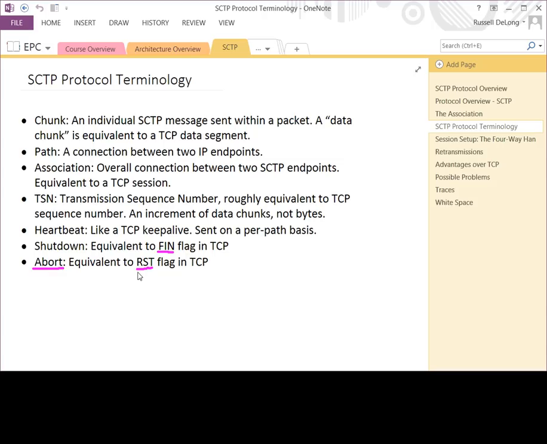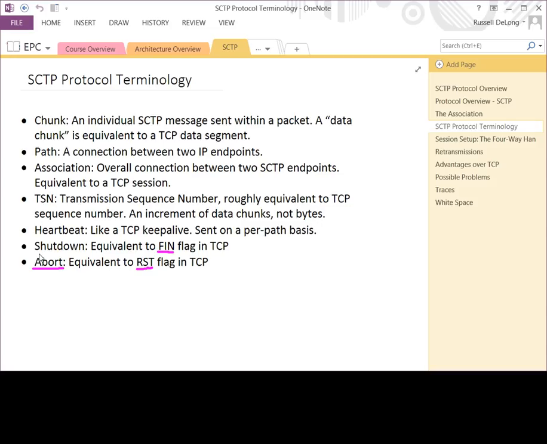These two are sometimes misunderstood: a FIN does not technically end an association. A FIN flag in TCP says that the side sending the FIN has finished sending data. Potentially it could keep receiving data. It doesn't actually end the TCP session.